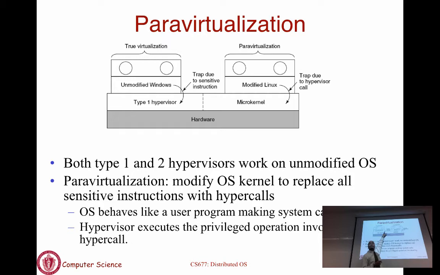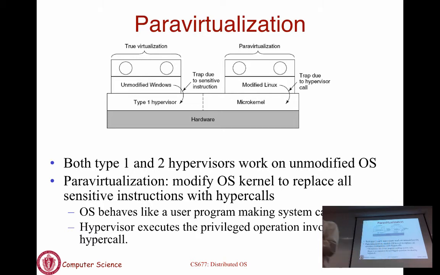You are no longer trapping on sensitive instructions. Whenever the OS wants to perform a sensitive instruction, it will make an explicit call to the hypervisor, which we call a hypercall. Just as you made system calls to the OS, you make hypercalls and tell the hypervisor to do something for you. Okay. So this is referred to as para-virtualization.